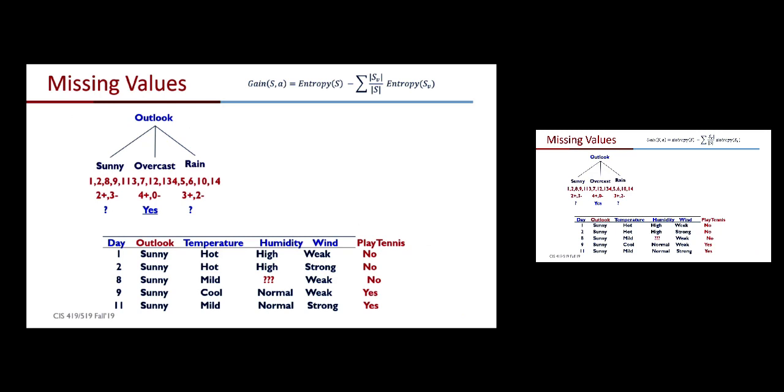We already decided that Outlook is our root node. And now we're looking at Outlook equals Sunny, the left side of this tree. So we narrow down to a subset of the examples. Outlook equals Sunny. We have 5 examples. But in example number 8, we don't have the value of humidity.